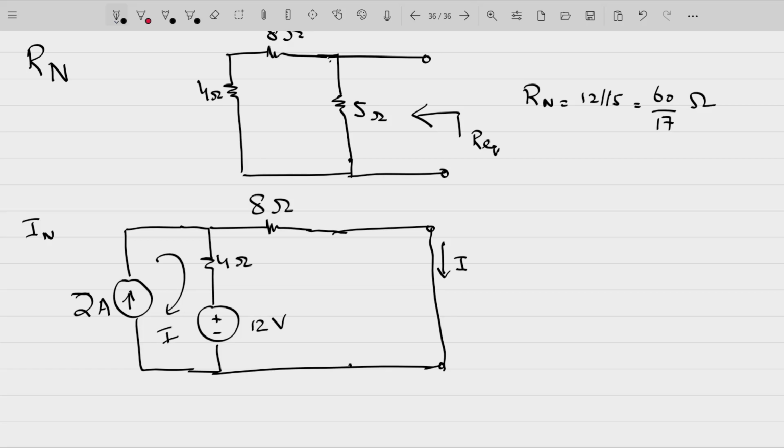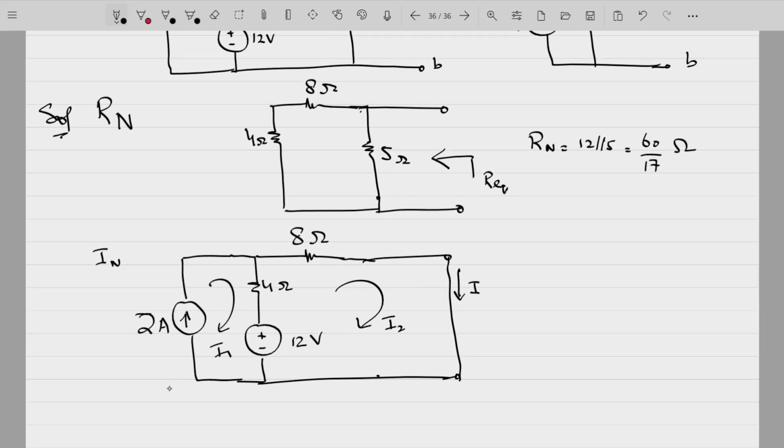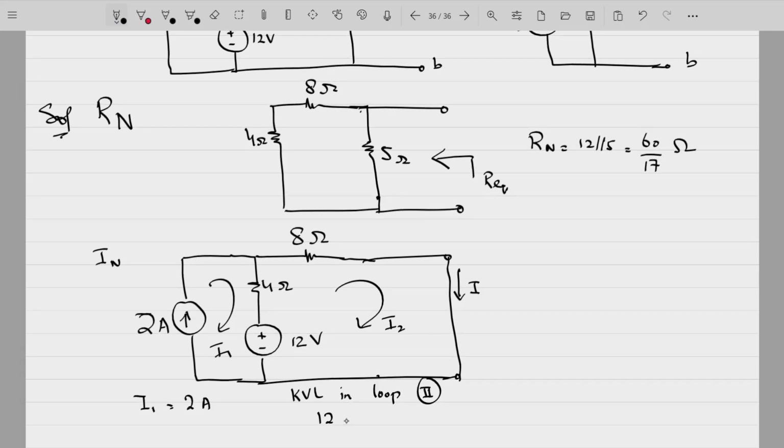So if you use mesh analysis, I1, I2, from loop 1, you can directly say I1 is equal to 2 amperes, and using KVL in loop 2, 12 volts is equal to 4I2 minus 4I1, 4I1 is 2 amperes, plus 8I2.